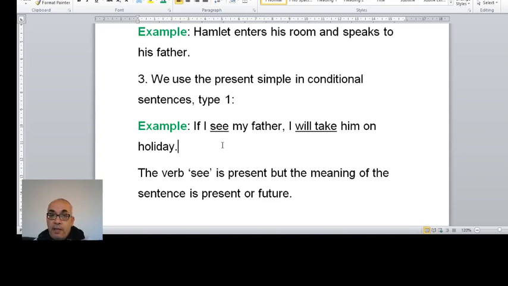Number 1, it is possible for me to see my father, and if I see my father, I will take him on holiday. This is the first meaning. The second meaning, it is possible for me to see my father in the future, and if I see my father in the future, I will take him on holiday. So here we use present and it looks present, but it has 2 meanings.